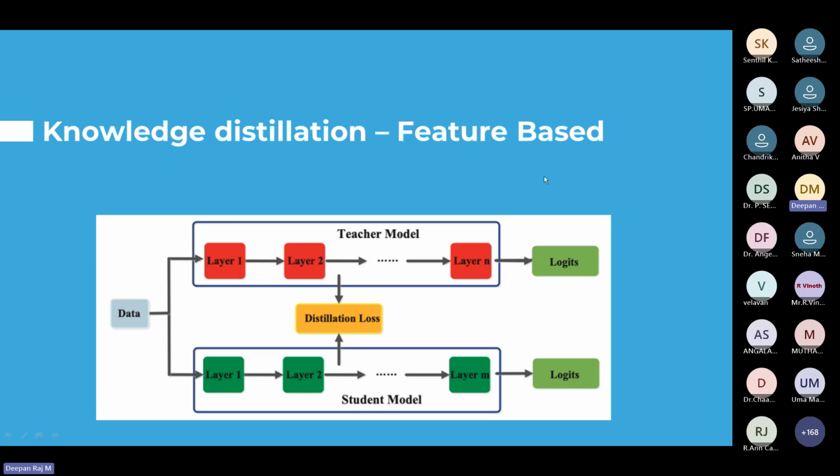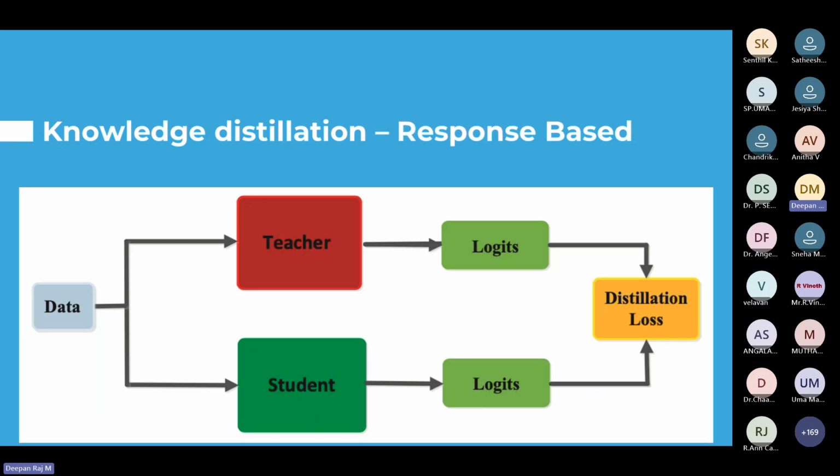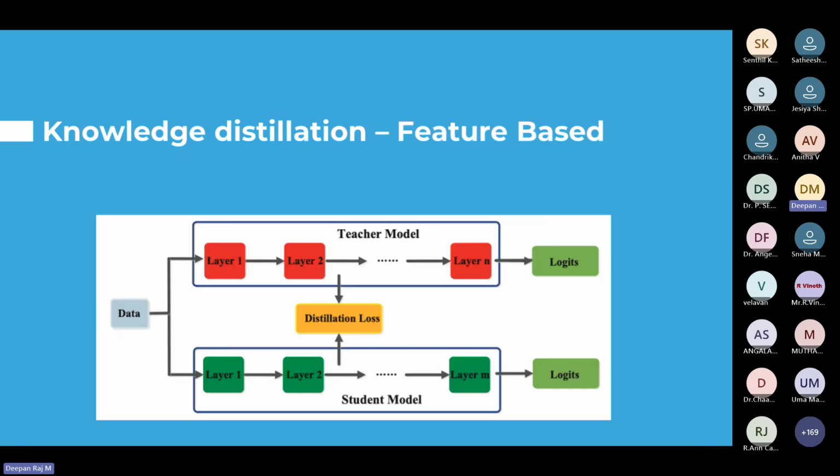We compare these two and try to get a more aggressive distillation loss rather than having distillation loss calculated only on the logits. This gives even closer steps to the student, because in the previous case it just says I want this output. The student tries to adopt it somehow and give a very similar output as the teacher. But here it is trying to mimic that every layer output should look something like this. The feature map which is being generated should be as close as the teacher's feature map.